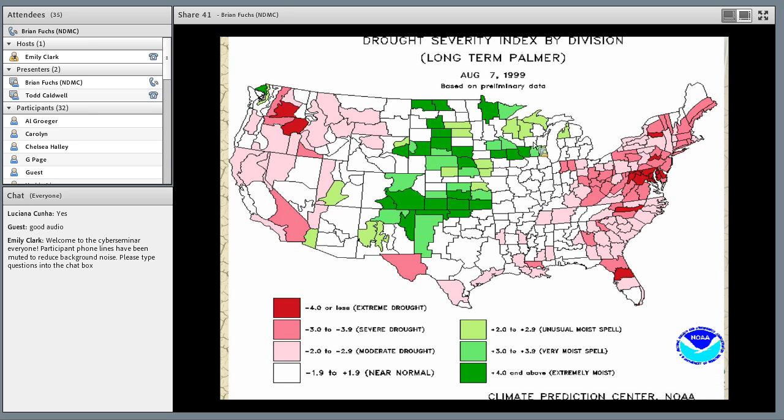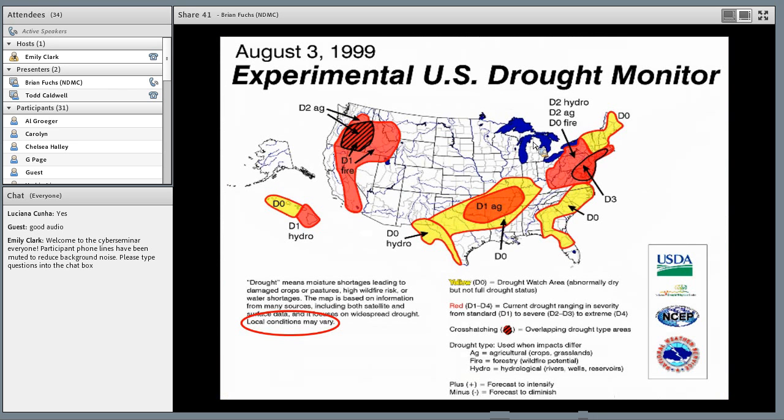And what we can see is along the Mideast part of the U.S., there was a pretty significant drought going on, and this was the tool that was made available to analyze that drought. So as we move forward in the summer of 1999, the idea was, well, we can do a better job at identifying these drought areas than just looking at a drought index like the Palmer. And so the drought monitor work was started.